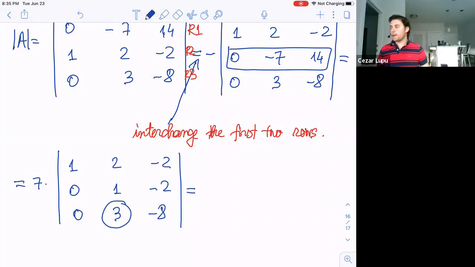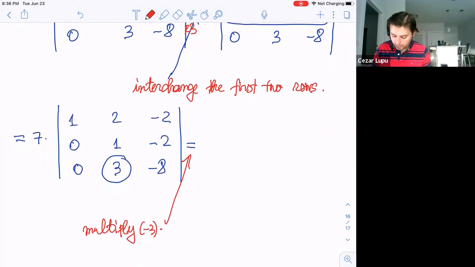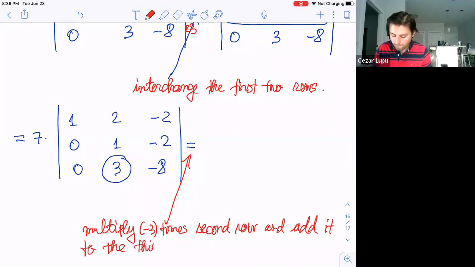Exactly. So we multiply -3 times the second row and add it to the third row.